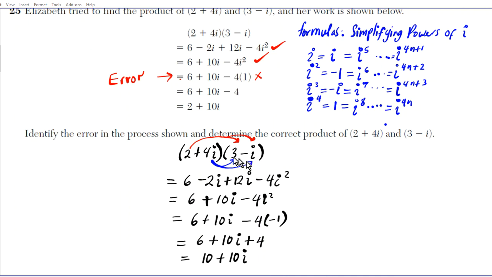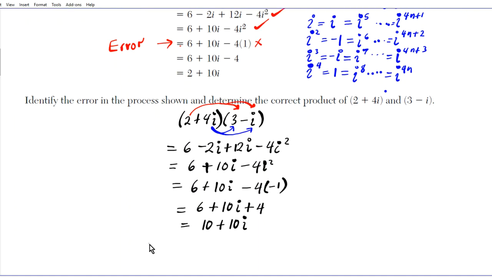Alright, so we're going to go ahead and specify what error Elizabeth made and state what the correct answer is as indicated in the question.